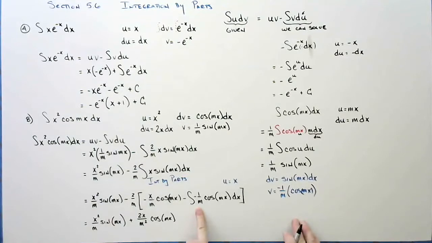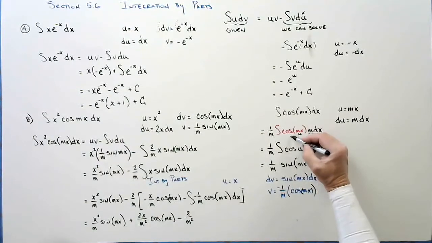This minus 1 over m is a constant, so that's going to come outside this integral. That negative times that negative is going to make a positive, but don't forget we have a negative out here, so this is going to be minus. This is going to be 2 times 1, that's going to be 2. m times m, that's going to be m squared. And then we have to integrate cosine mx.